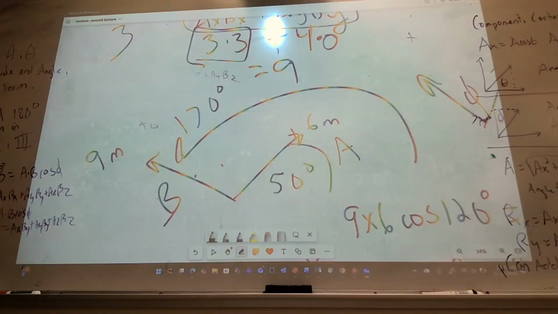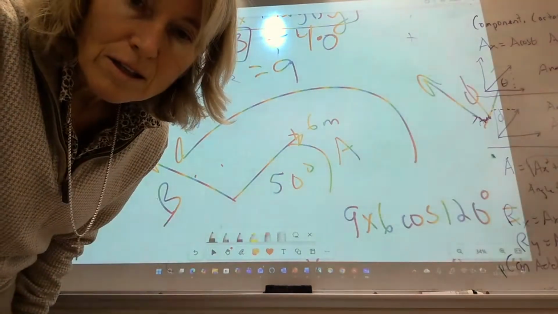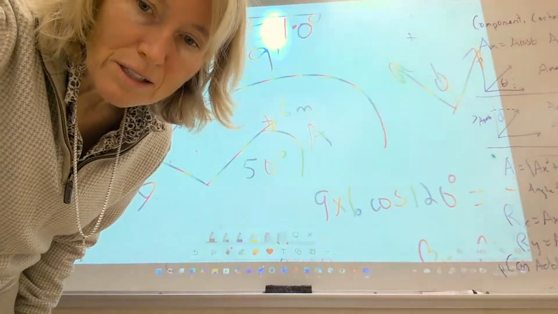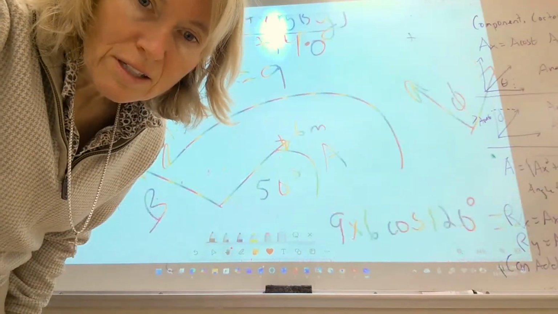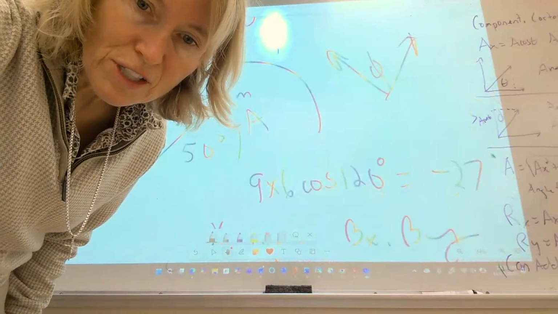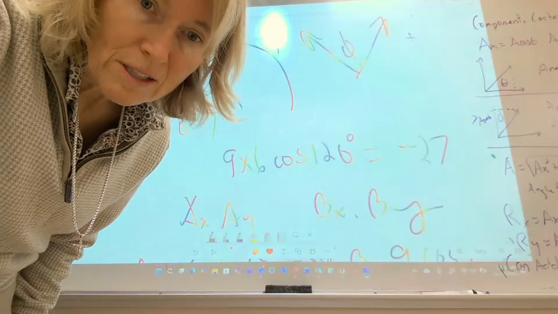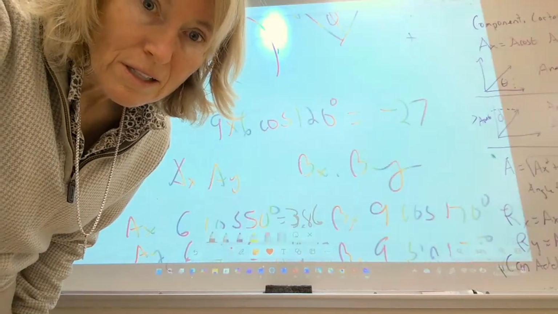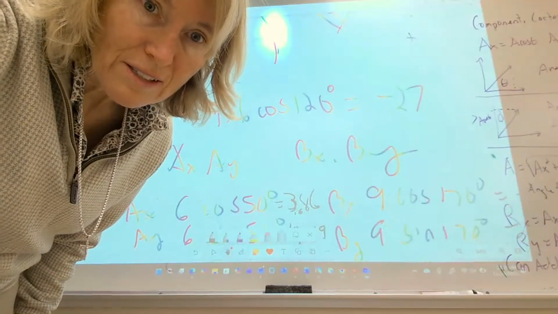So we should get the same exact thing when you plug it into ax bx plus ay by. Nevaeh, what did you get for the first one? Okay, good. And then did you get your components? We should have this.